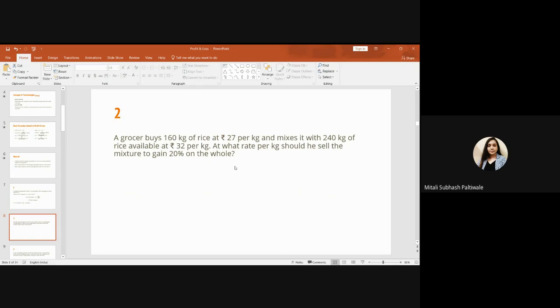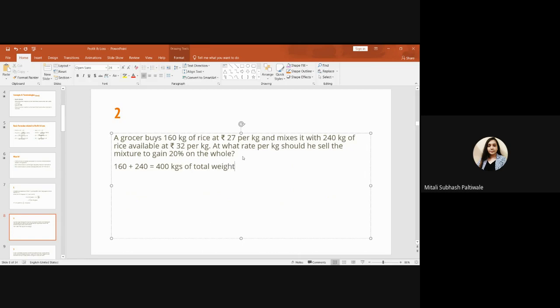Okay, now look at this. 160 kg plus 240 kg will give me 400 kgs of total weight.